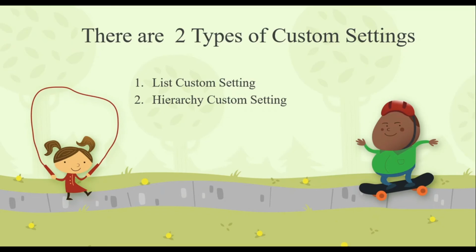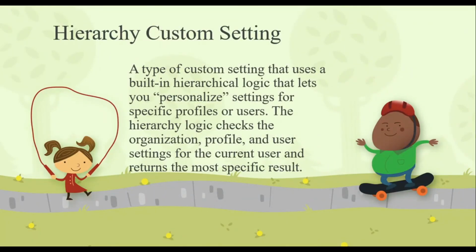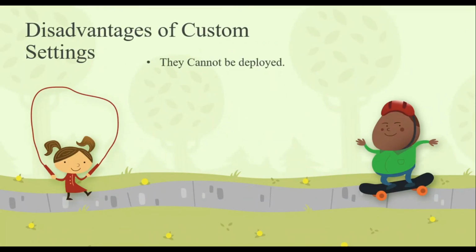We will cover it in another video. But for now, this is just a hint for you all: instead of a list custom setting, go with custom metadata, because it can be deployed. Custom settings cannot be deployed, that's true, and custom metadata has the advantage that it can be deployed.